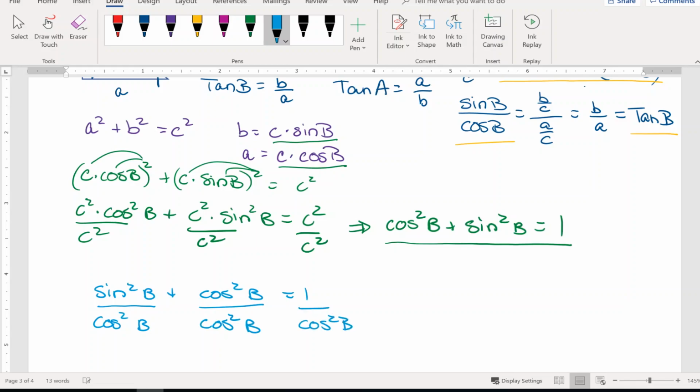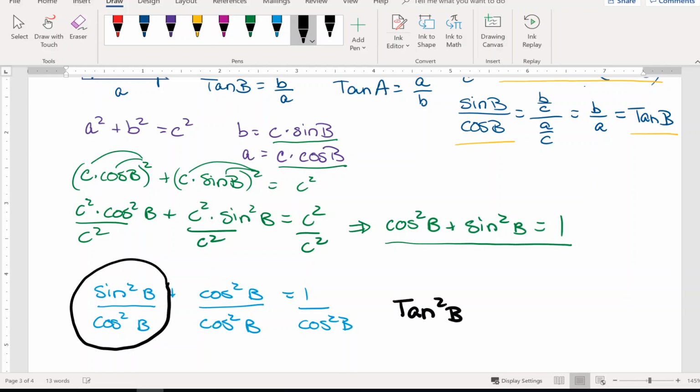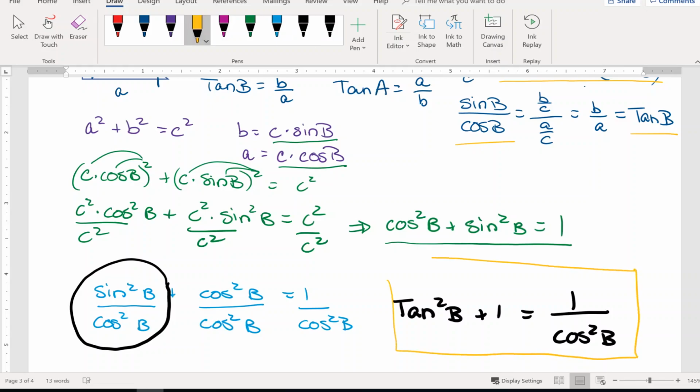I haven't changed the value of this equation at all because I've divided every term by the single value. Now, what do you notice about this term here? Well, that term is the same thing as tan squared b. So now we have tan squared b plus 1 is equal to 1 over cos squared b. And those are our different relationships.